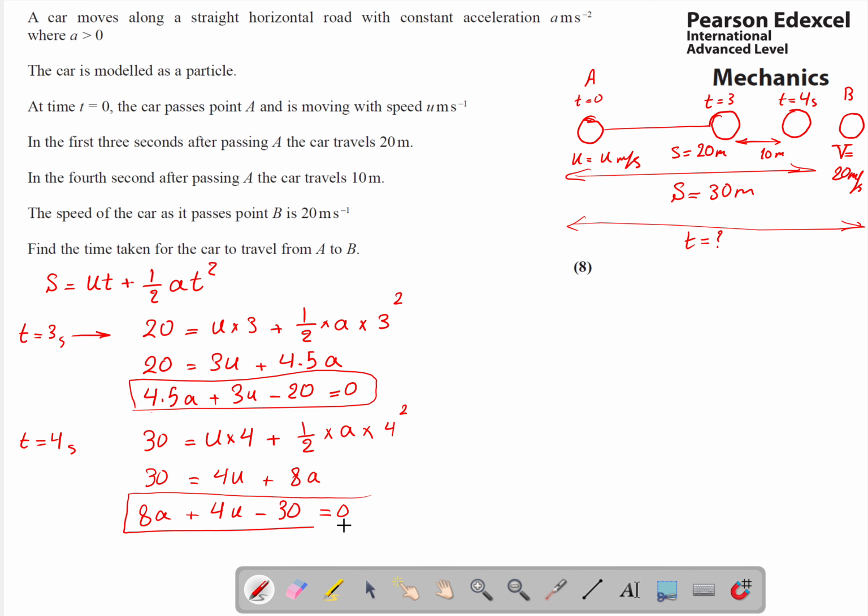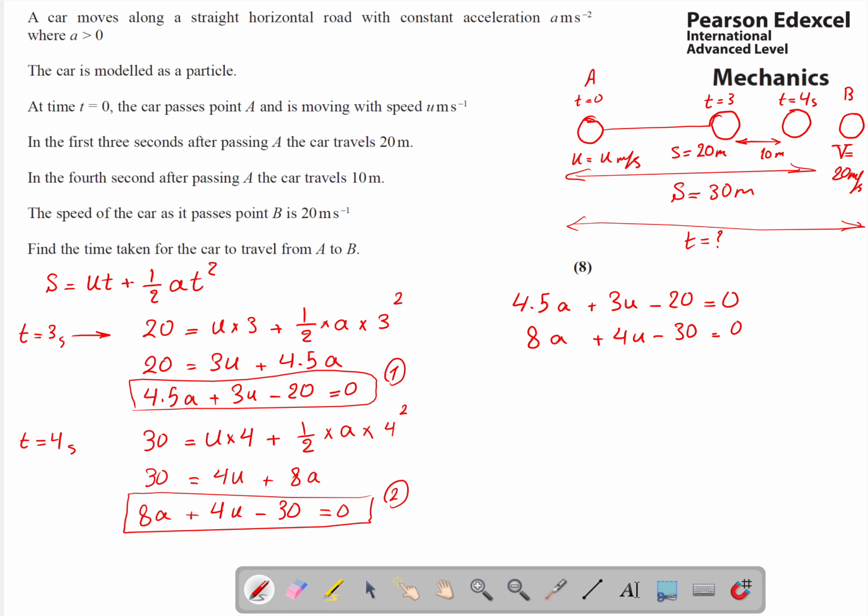Now I have two unknowns with two equations, and I can find a and u using them. I name them the first equation and the second equation. You can find it using your calculator, but if you want, you can do it by hand. The first is 4.5a plus 3u minus 20 equals 0, and the second is 8a plus 4u minus 30 equals 0.